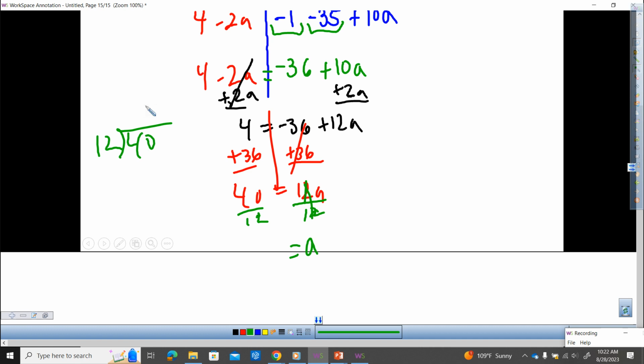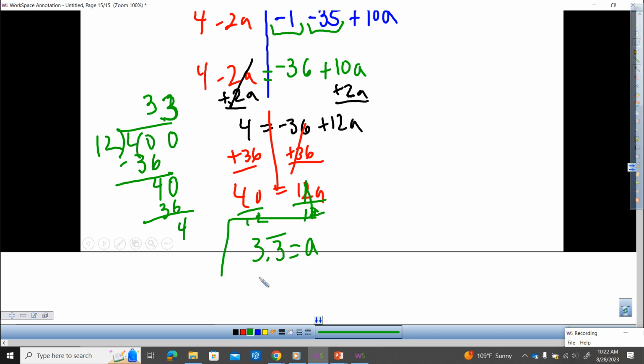Fits in there how many times, guys? 3, that's 36. 4 left over, so this is, I'll just add another 0. So that is 3 again. That's 36. And it repeats. Yeah. So this is 3.3 repeating. Hands if you got something like that. All right, we got this. Yes, Mr. Q? All right.